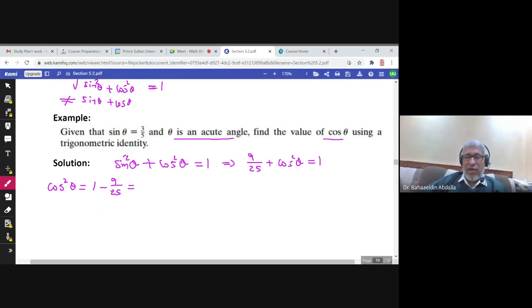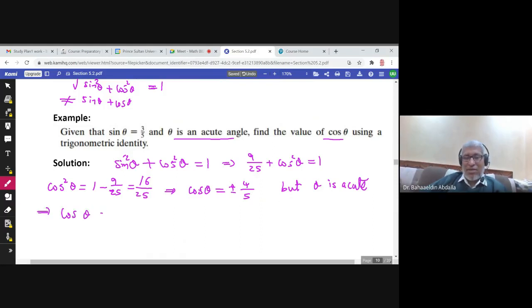If you subtract, this is 25 over 25 minus 9 over 25, it would be 16 over 25. Now, cosine theta would be plus or minus the square root of 16, which is 4, over the square root of 25, which is 5. So cosine theta could be positive or negative 4 over 5, but theta is an acute angle, so because of that, cosine is positive.